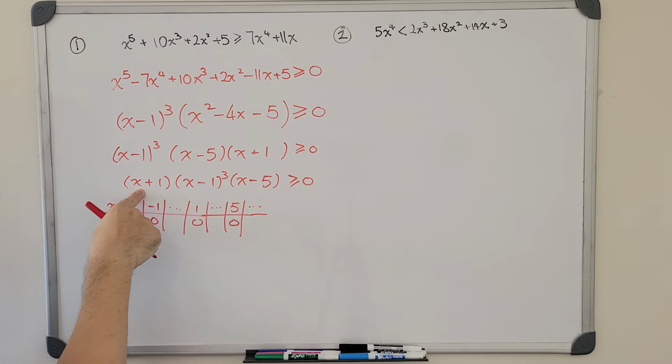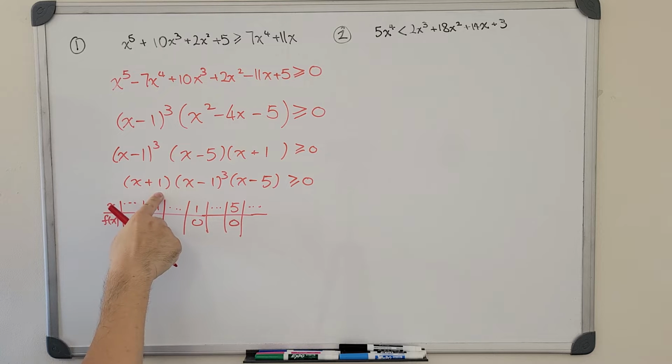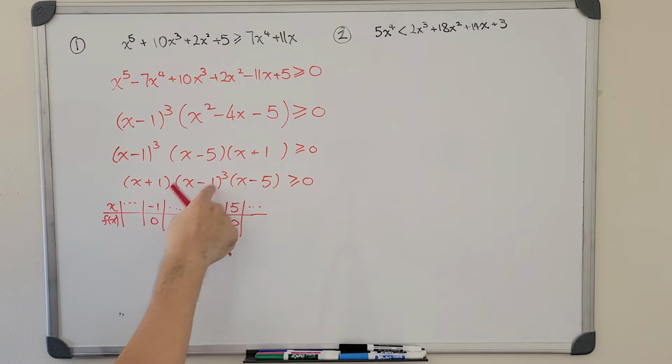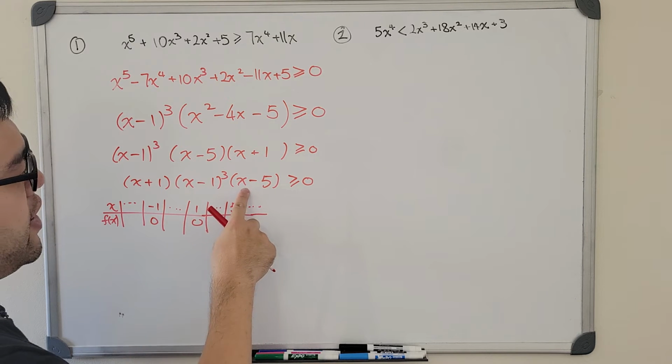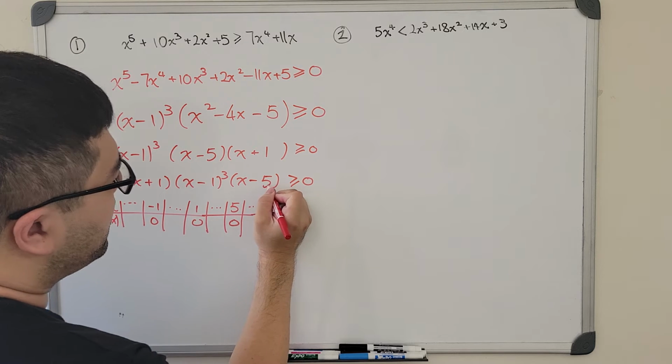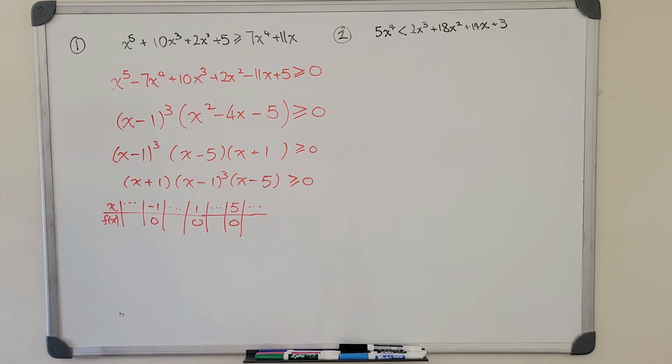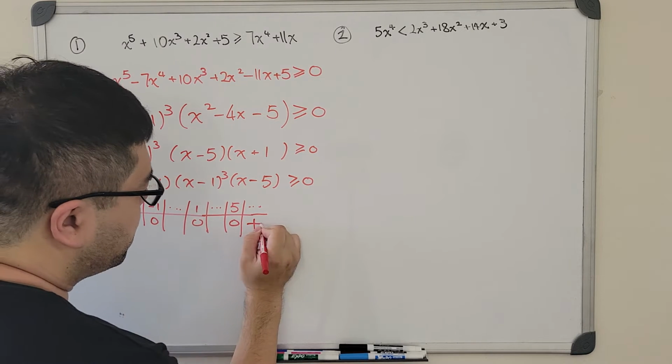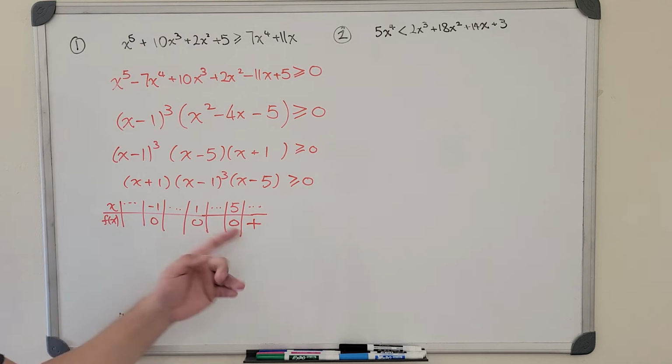Let's say x equals 10. Then the first term becomes 11, which is positive. The second term is 9 cubed, which is a positive number to an odd power, so it's still positive. And then the last term is 10 minus 5, which is 5, and it's still positive. So we end up with positive on the right-hand side of this chart, as always.